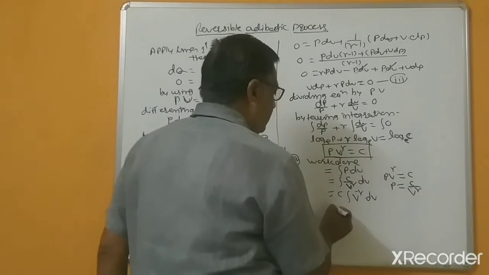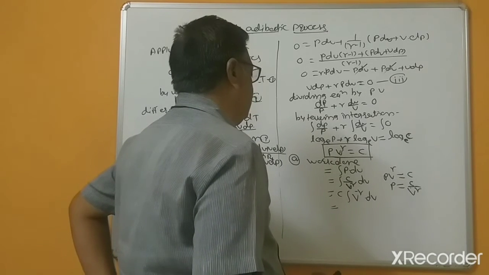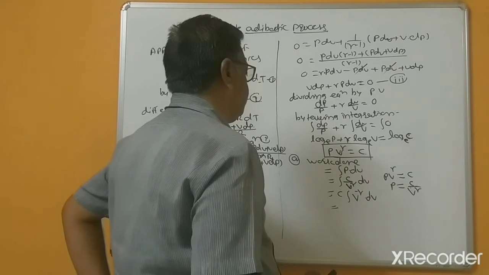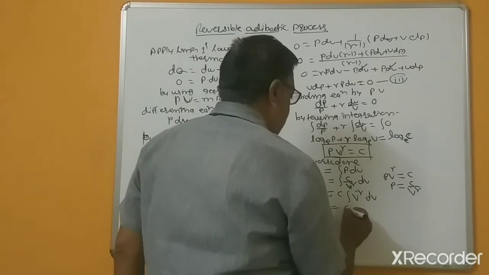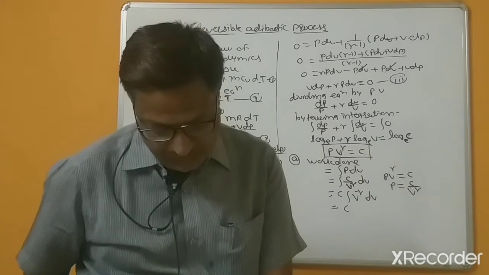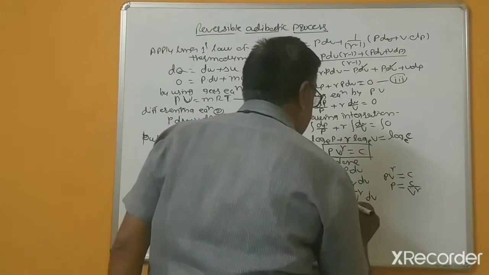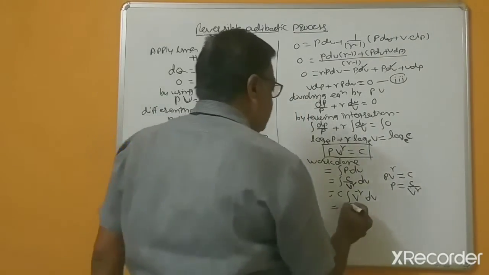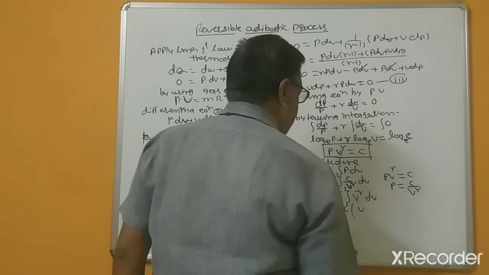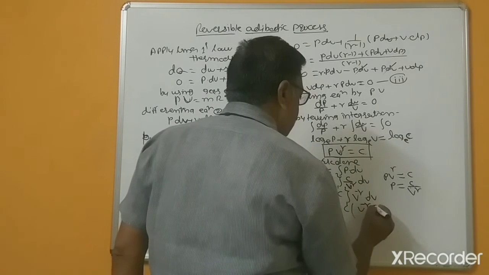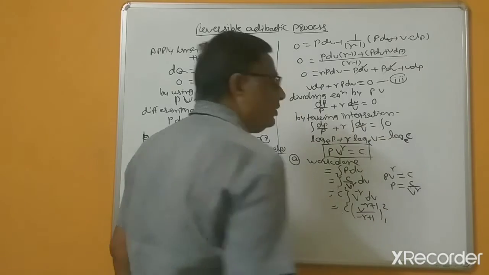Now by taking integration, C times V raised to (minus gamma plus 1) divided by (minus gamma plus 1), with limits 1 to 2.